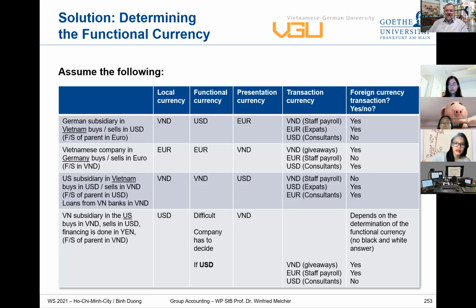The functional currency is US dollar, because that German subsidiary in Vietnam buys and sells in US dollar. So their prime economic environment is the US currency. So therefore, the company has to define what is the functional currency, and they have to agree that with the auditors.